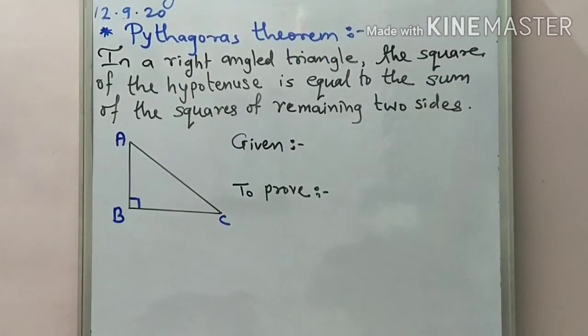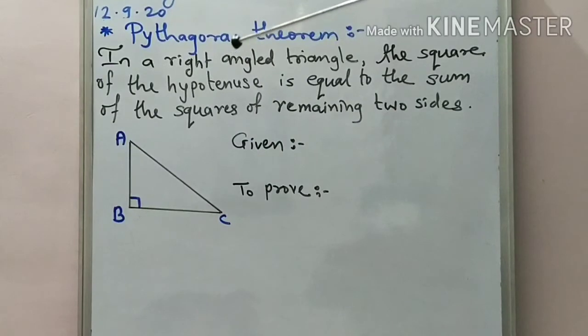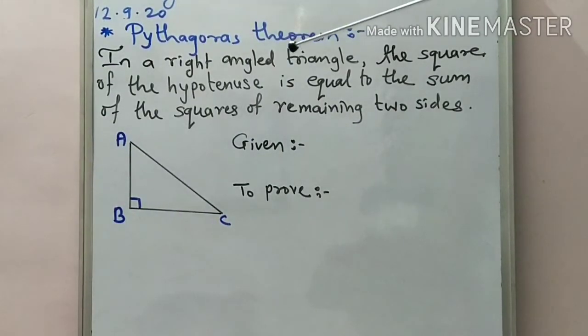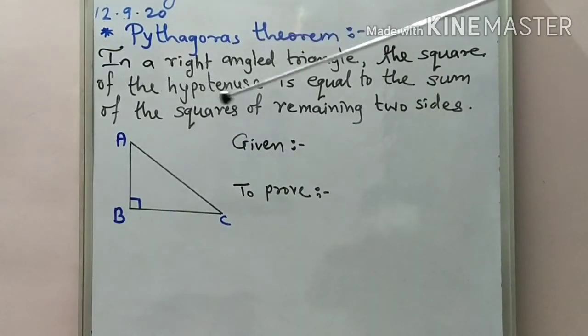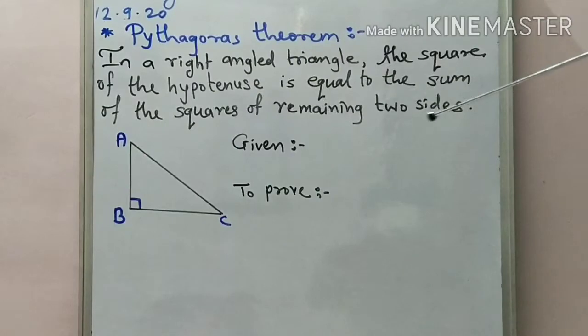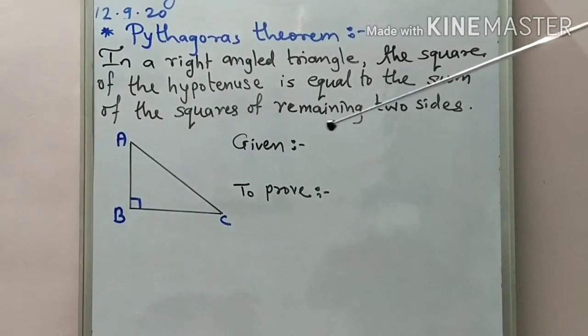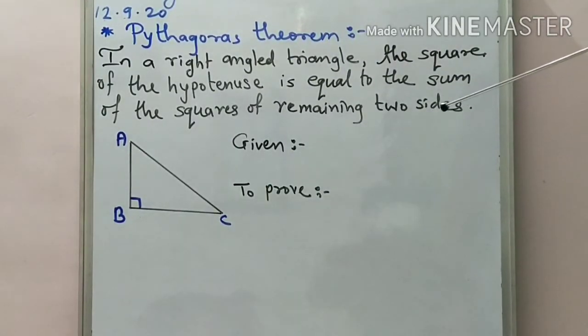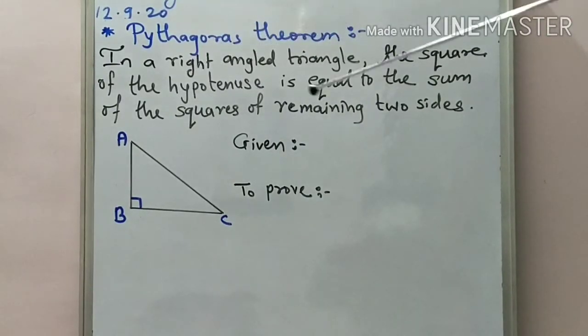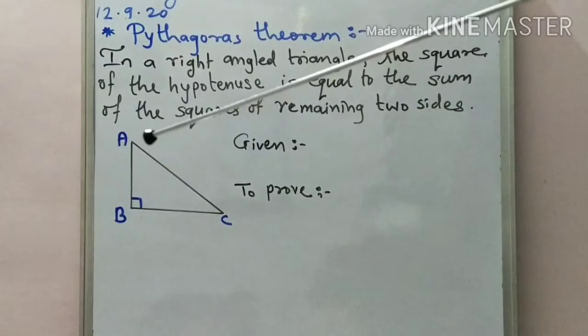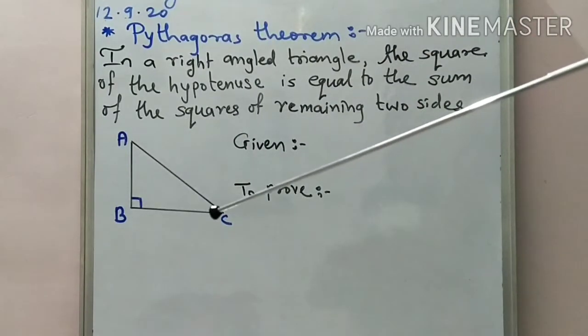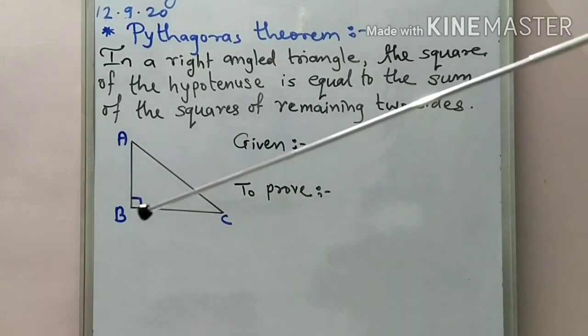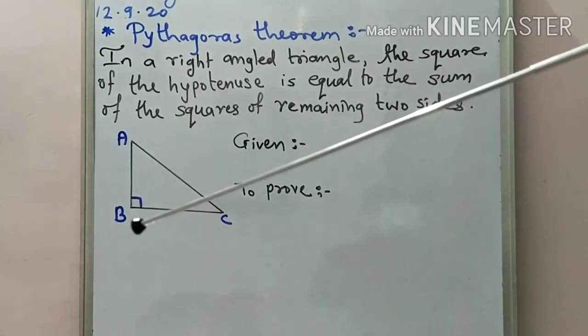Okay, now here we have to prove the Pythagoras theorem. As we very well know this property, that in a right angle triangle the square of the hypotenuse is equal to the sum of squares of the remaining two sides. That we have to prove. Means first you have to draw this right angle triangle, and therefore here I draw one right angle triangle, name it as triangle ABC, where angle B is right angle.